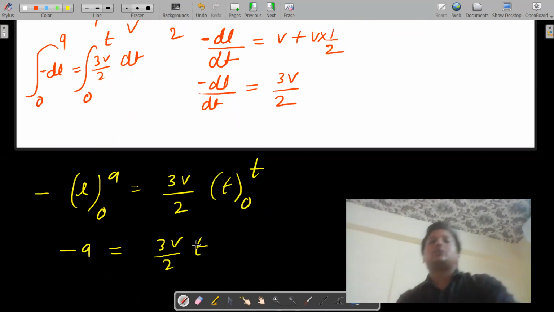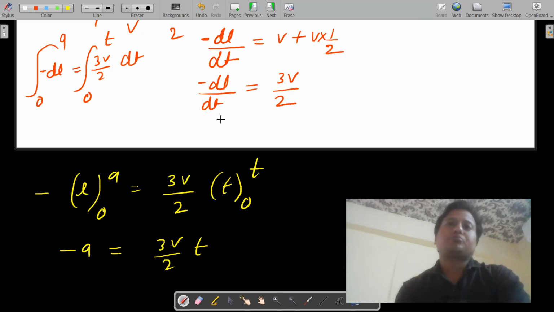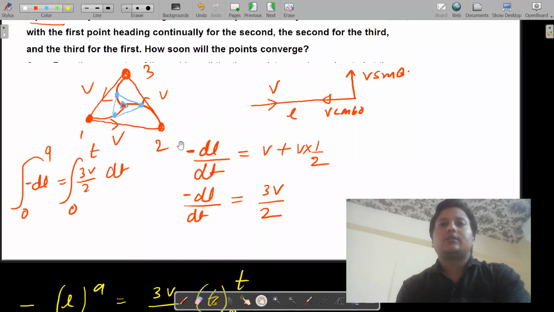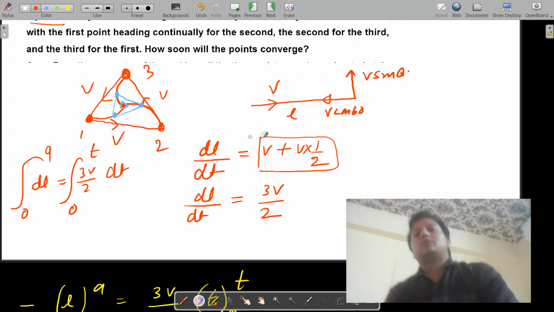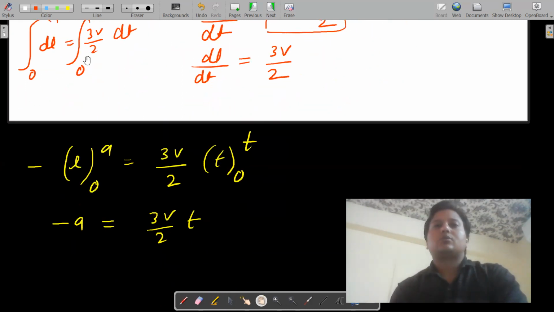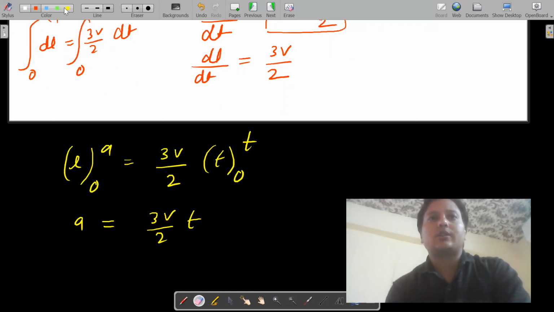If we see the signs, the right hand side is positive and the left hand side is negative, so we can remove the negative sign to balance both sides.